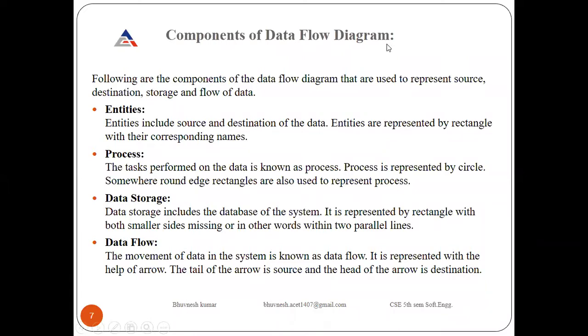Further components of data flow diagrams: first are your entities. Entities include the source and destination of your data, and are represented as a rectangle. Process: the task performed on the data is known as process. Process is represented by your circle, or somewhere rounded edge rectangles are also used.